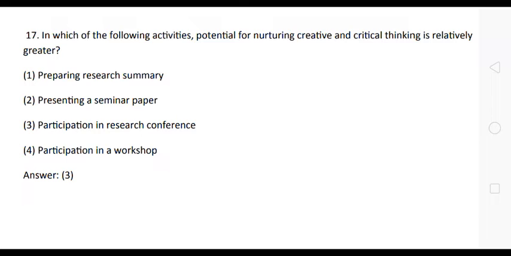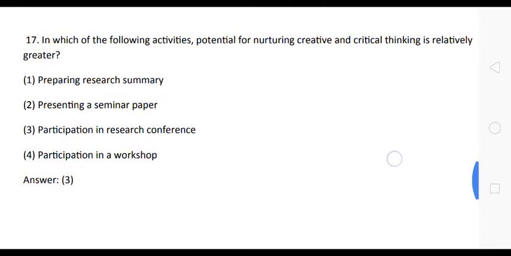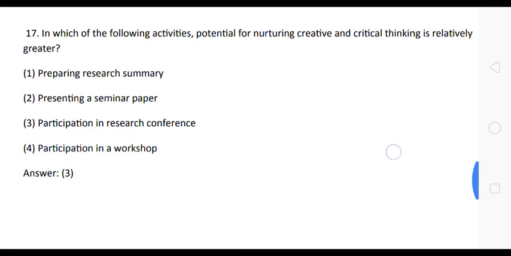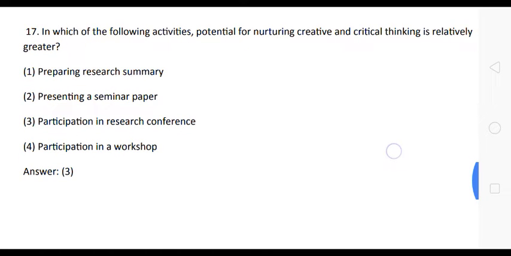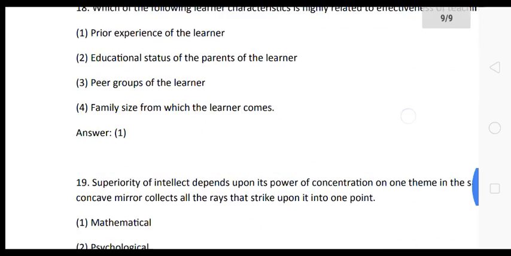The correct answer is option 3, participation in research conference. Participation in research conference has relatively greater potential for nurturing creative and critical thinking. Okay, friends, option 3 is the correct answer.